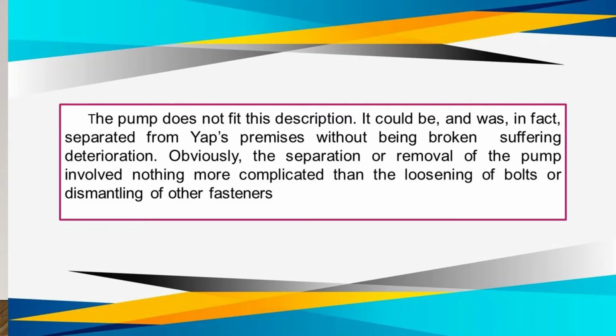The pump does not fit this description. It would be, and was, in fact, separated from Yap's premises without being broken or suffering deterioration. Obviously, the separation or removal of the pump involved nothing more complicated than loosening the bolts or dismantling of other fasteners.